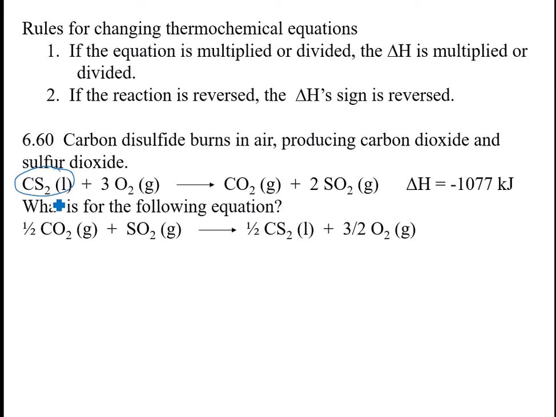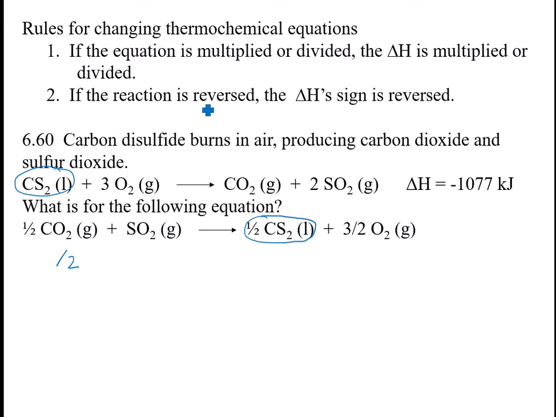So I want to make this carbon disulfide look like this carbon disulfide. Using this manipulation here, is it multiply or divide? The coefficient here is 1, the coefficient here is 2. How do I go from 1 to 1/2? Well, I divided by 2, correct? So that's for number 1.